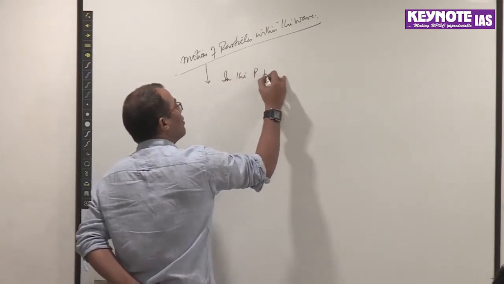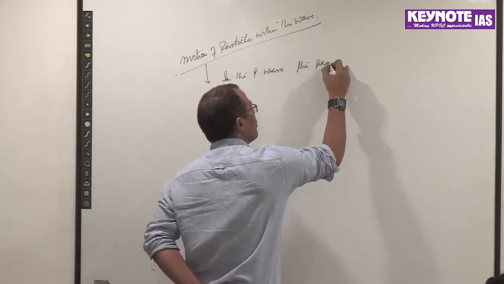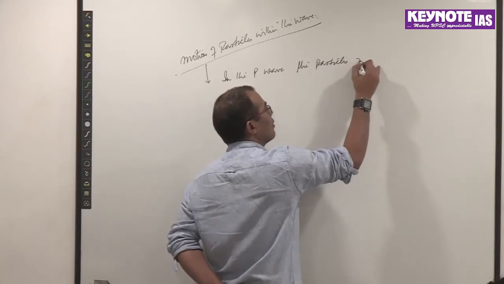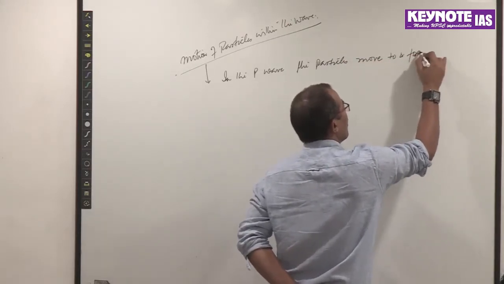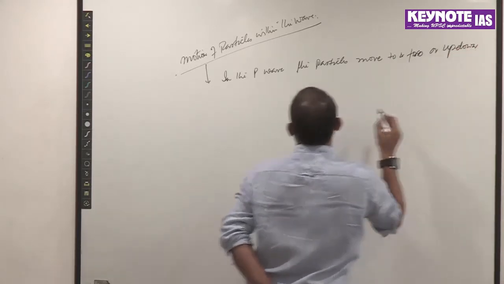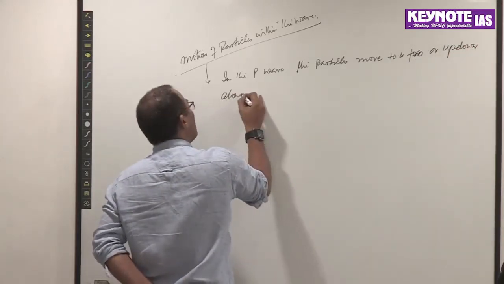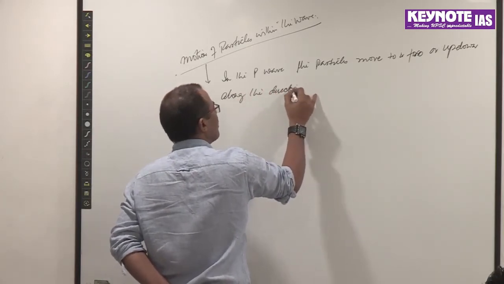In the P wave, the particles move to and fro or up and down along the direction of the wave.